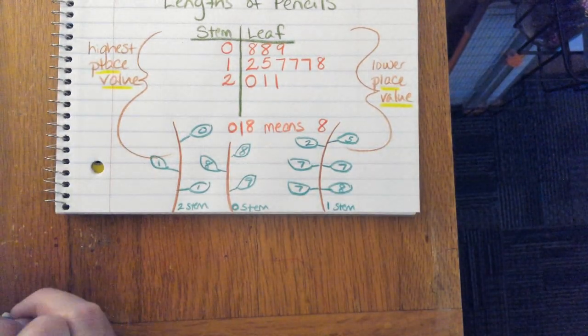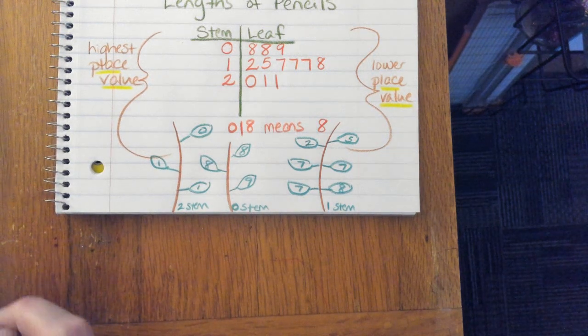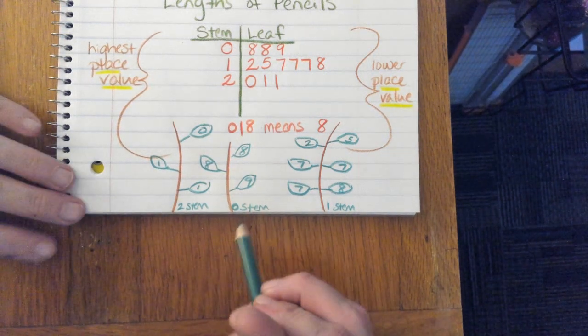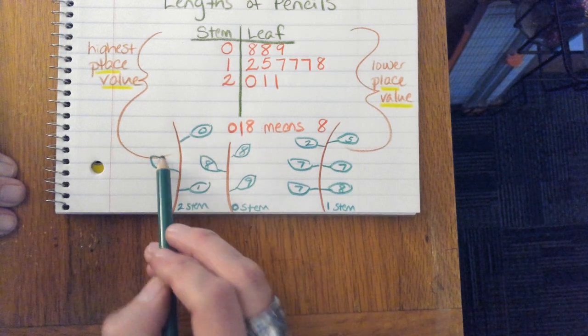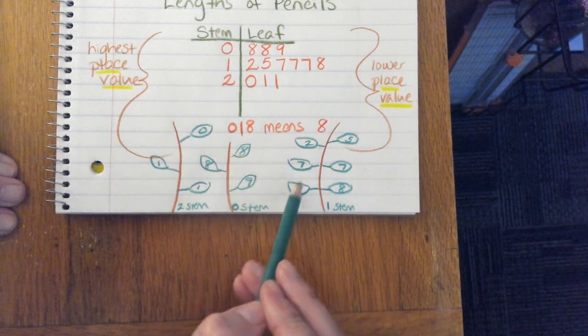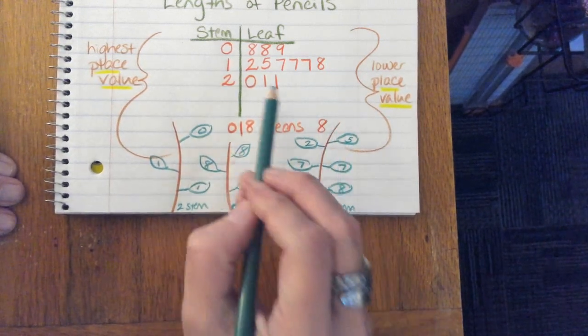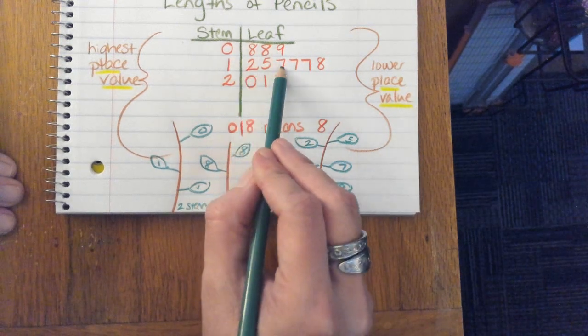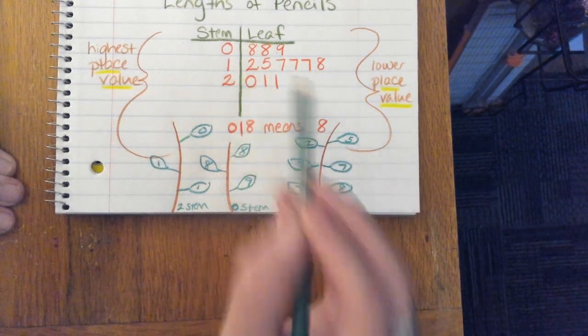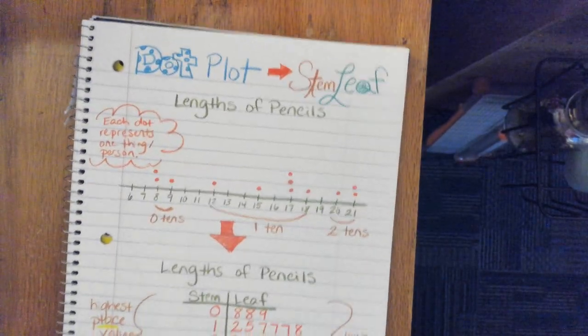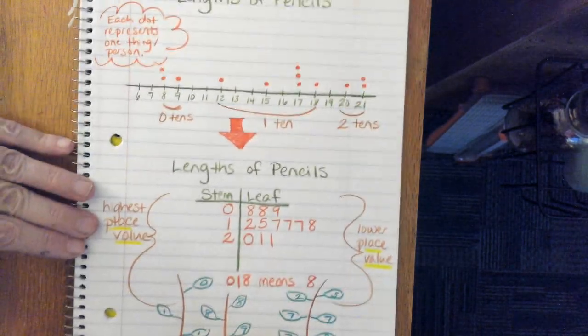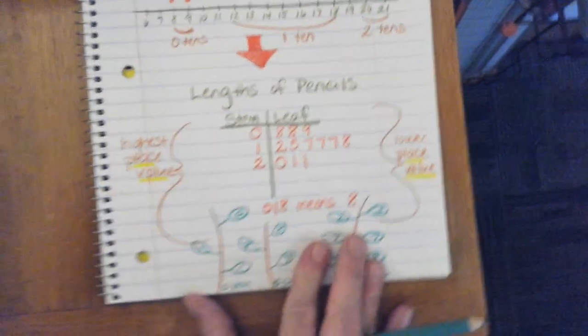So if I want to know how many pencils were measured, all I count are the leaves. 1, 2, 3, 4, 5, 6, 7, 8, 9, 10, 11, 12. Okay, so that is how I took a dot plot to a stem and leaf plot.